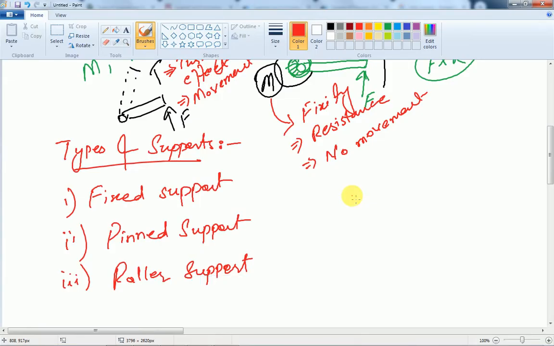Fixed support is shown like this. If there is a fixed support beam, for example, then we can show it like this. And for the roller support, we can show it like this.